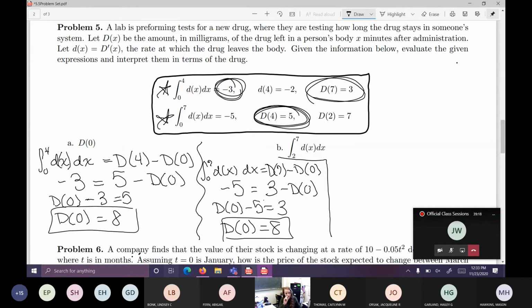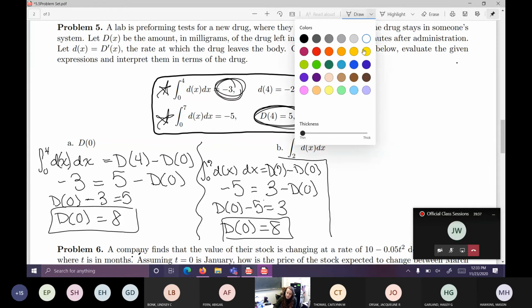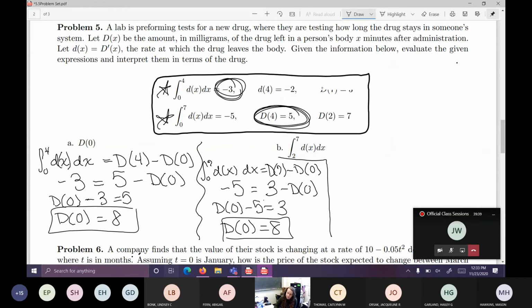So when we were looking for this antiderivative value, we know that it can be found from an integral. Since we know integrals that include 0, and we know the other value for that integral, we can solve it.